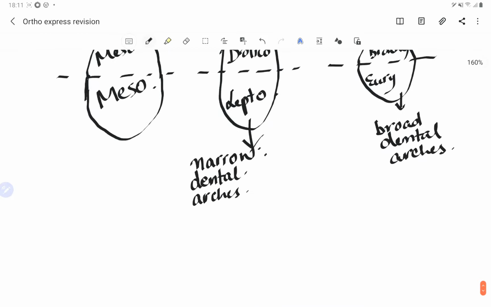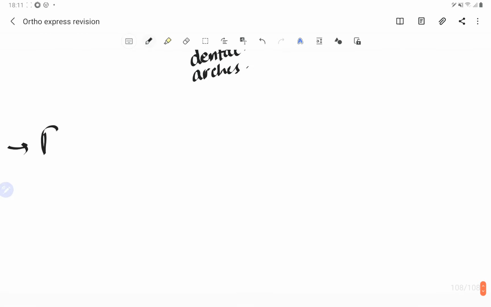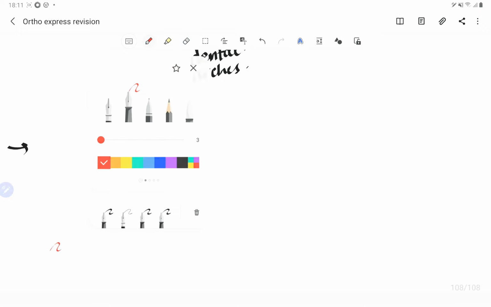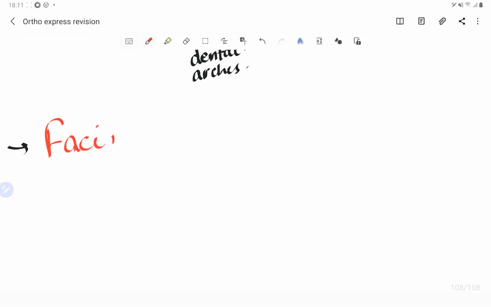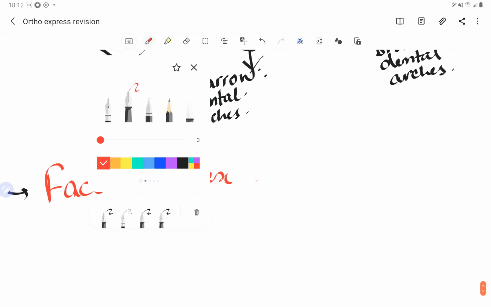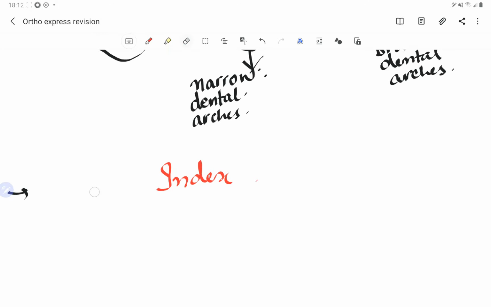Talking about the face more, we have the facial index. There are two terms: one is the facial index and one is the cephalic index. Let's write the cephalic index here, and on the other side the facial index.